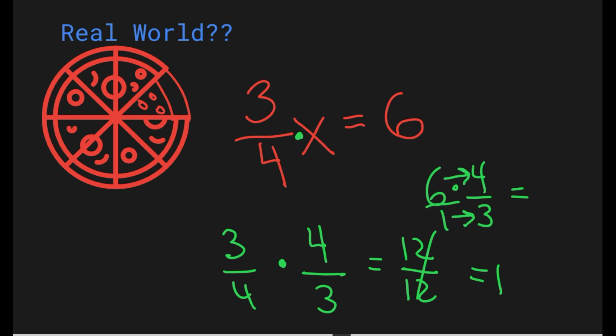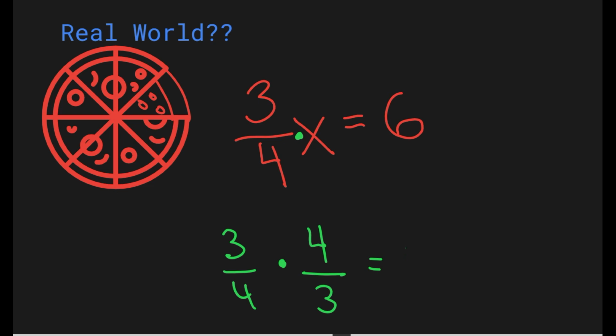You just multiply across the top, across the bottom, and it's so nice and neat. 24 divided by 3. And we're going to get 8 over there. Okay? So my answer would be x equals 8. All right. So you can slow that down and you can watch it carefully, and that's how you do it with fractions.